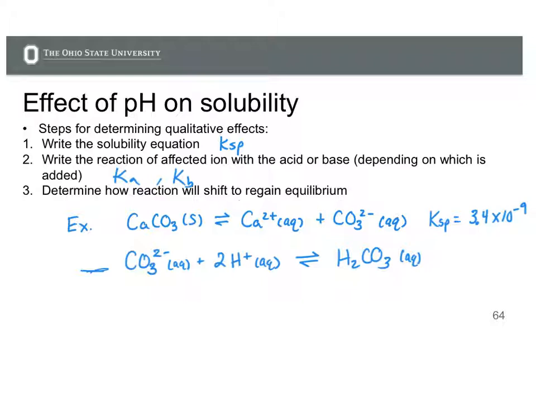So let's try. Calcium carbonate is chalk. So I've got 2 beakers with chalk. In this beaker, I'm going to put distilled water. That's going to essentially give us our first equation. And then in this beaker, I'm going to put 6 molar hydrochloric acid. Actually, let's do it this way.